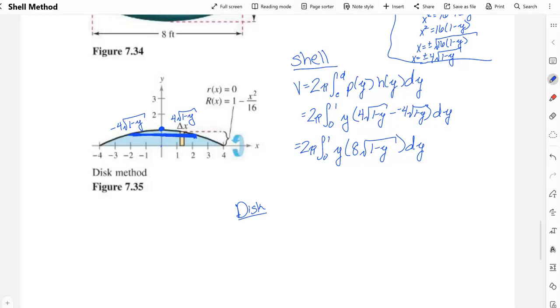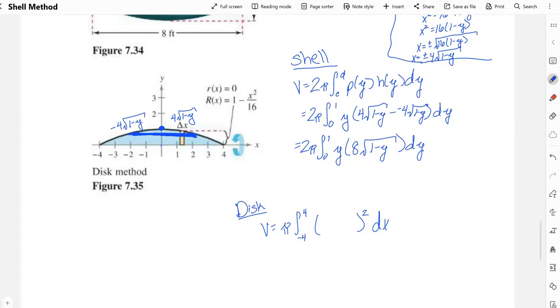So with disk method, it's pi integrating from our bounds. In this case, our bounds are negative 4 to 4, and it's going to be that radius squared. Notice we do not have a hole in this. So this is disk method, not washer method.